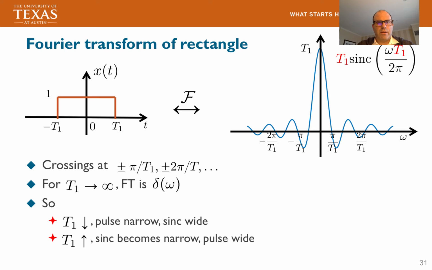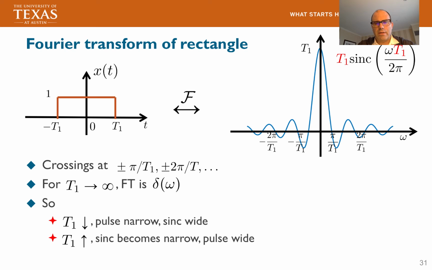Okay, so to summarize, the Fourier transform of a rectangle function from minus t1 to t1 is the sinc of omega t1 over 2 pi times t1. So the amplitude gets scaled by t1, and the crossings are reduced by t1. And so what happens is as the pulse gets narrower, so t1 shrinks, the sinc becomes wider.